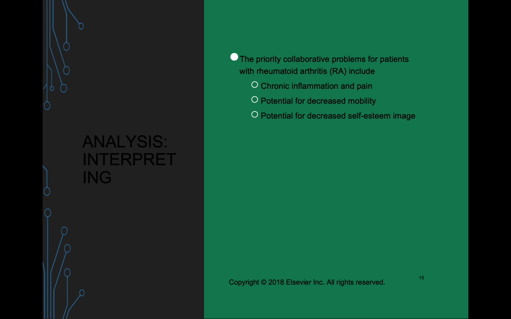If we're concerned about mobility of the upper extremities, how can we encourage self-care? Can we provide modifications to the environment? Can we provide modifications to frequently used tools like toothbrushes and silverware, and things of that nature? Do we have some weakness and strength issues?